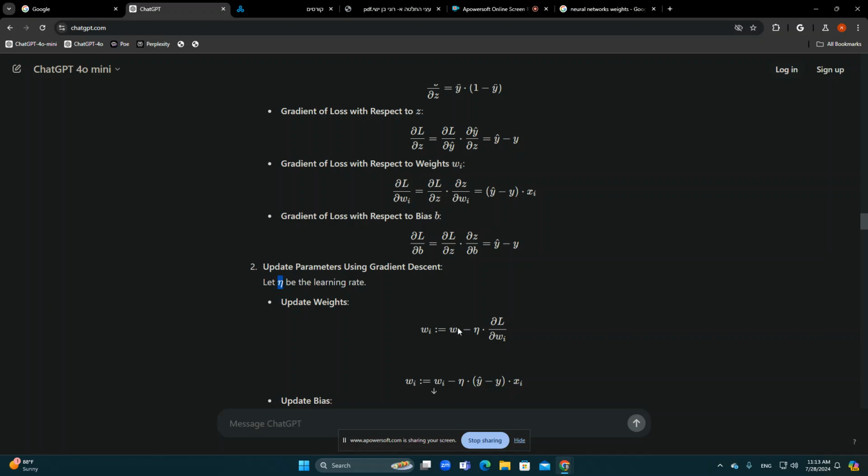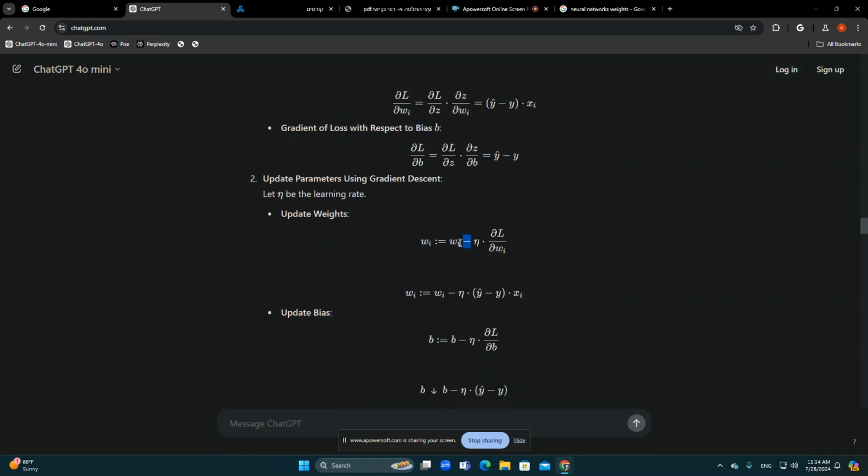We're taking the weight and we reduce it because we want to go in the negative direction of the gradient. Remember, the gradient always heads in the direction in which the function increases, but we want to decrease the loss function. Therefore, we want to go in the opposite direction of the gradient, which will decrease the value of the function and get us to a minimum point.